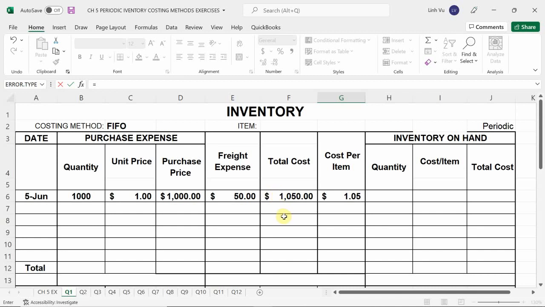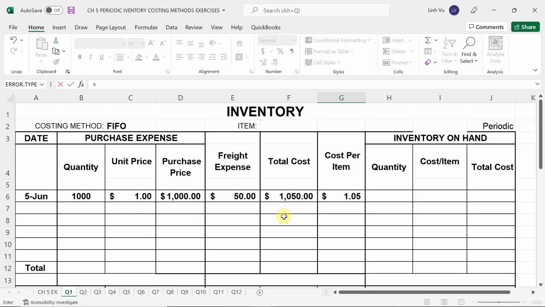Now, if you do it this way, I'm going to show you a way so you can save yourself an extra calculation here. 800 times $1 is $800 plus 50 is going to give you 850. Instead of doing that, we can take my total cost of 1050 minus 200 and you're going to get the same exact number, 850.